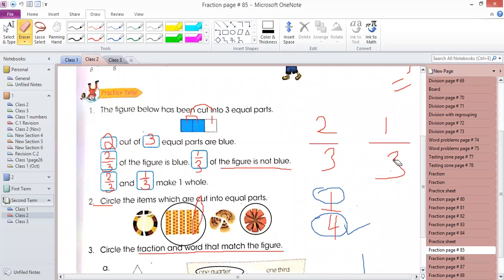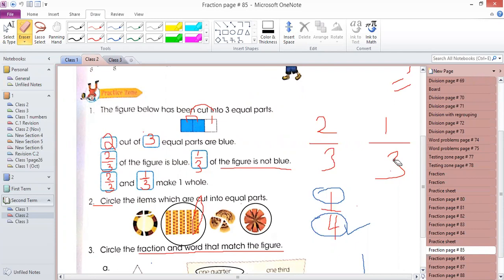So you can write that 1/3 of the figure is not blue, and 2/3 and 1/3 will make 1 whole. When you add the number of parts which are blue and the number of parts which are not blue, that will make 3 parts out of 3 parts, and 3 parts out of 3 parts is equal to a whole. I told you, when you have the same number in the numerator and denominator, that is always equal to 1.